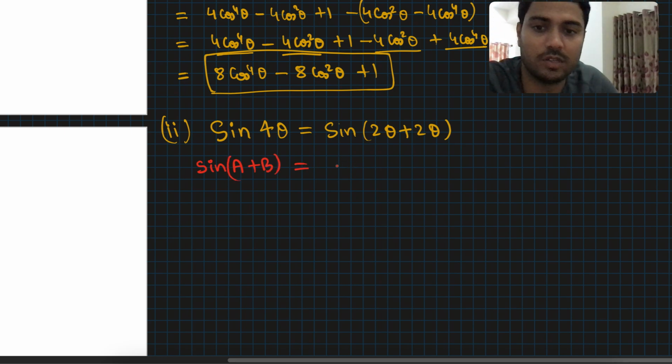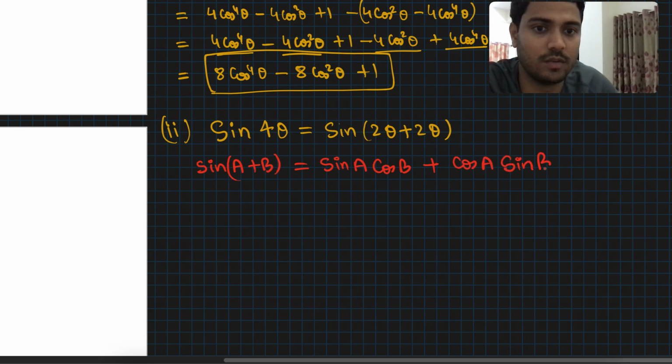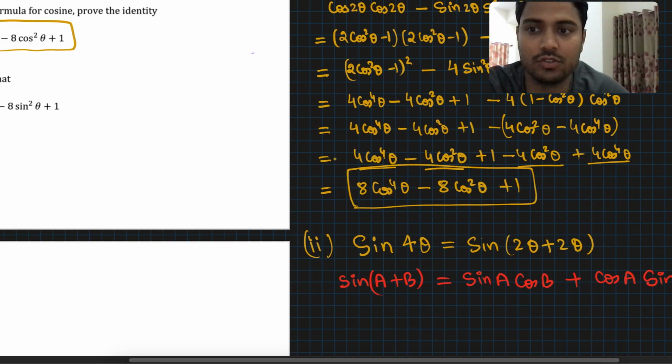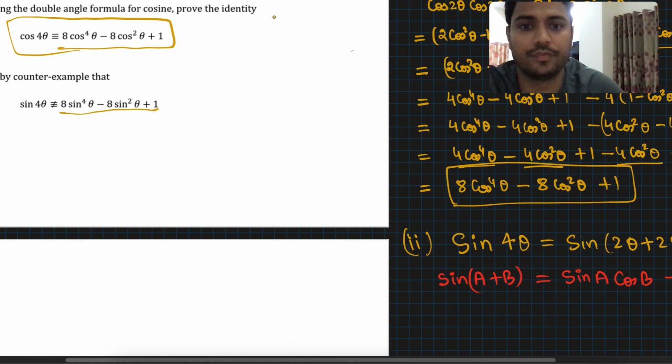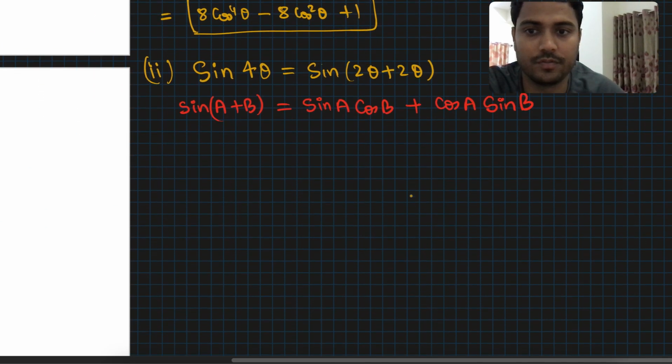The expansion of sine a plus b, the identity, is sine a cos b plus cos a sine b. So we have to use this identity to expand sine of 2 theta plus 2 theta, and we have to prove that it is not equivalent to this.